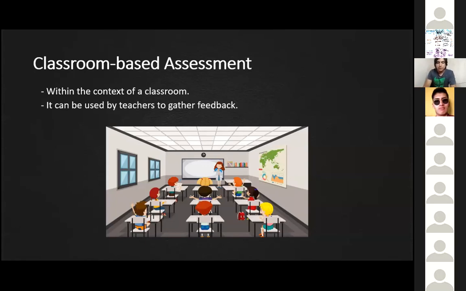This assessment is used to offer feedback to teacher and students on the quality of the learning performance, supporting its ongoing improvement. As I said, it is generally used by teachers only to provide feedback, and this feedback will be used to improve the next classes or lessons. Next is my classmate.